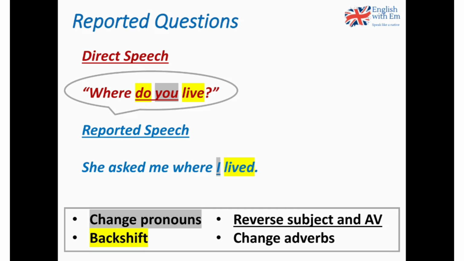It's actually easier. What we have to do, we simply erase do. So this is a positive do question. Remove the auxiliary verb. Where do you live becomes where I lived. And no adverbs, so we don't need to think about that.